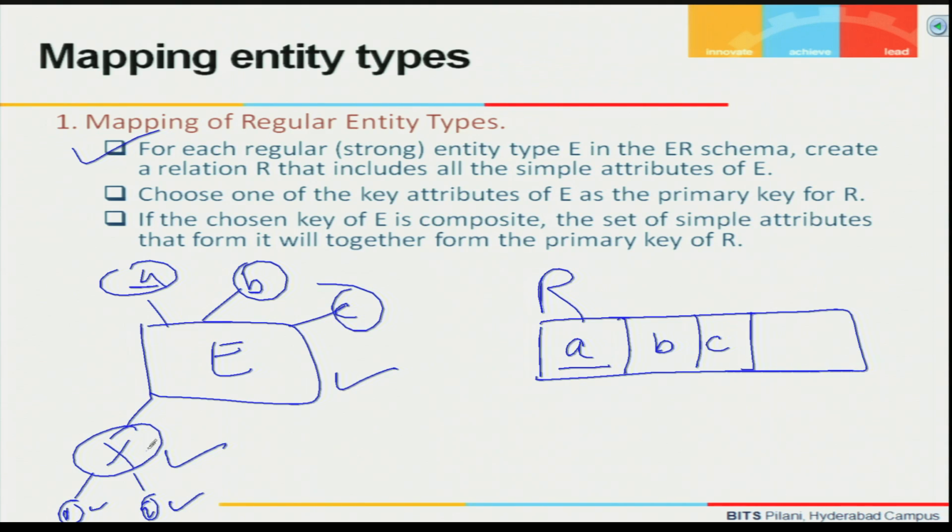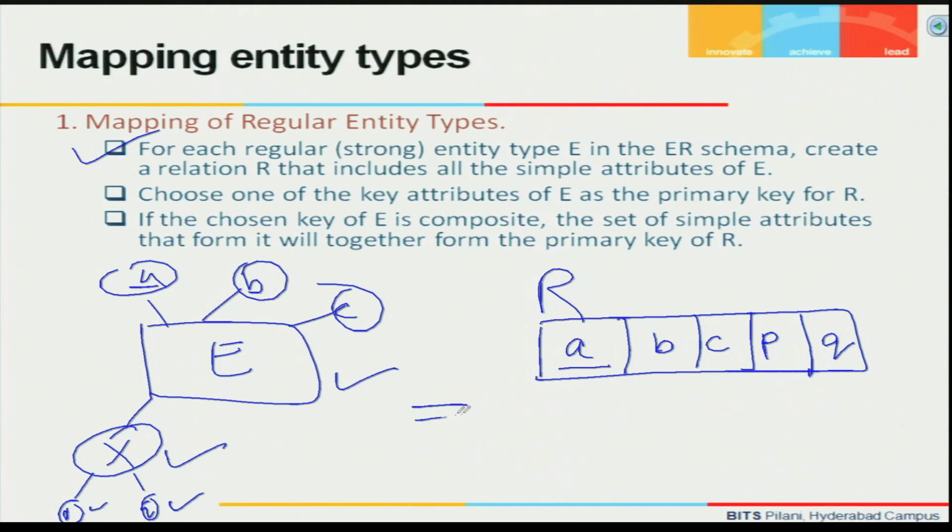In this case, X is a complex attribute which internally contains P and Q as subcomponents. Those subcomponents of the complex attribute can be captured as simple attributes of the relation R. So that's why I will have P and then Q.